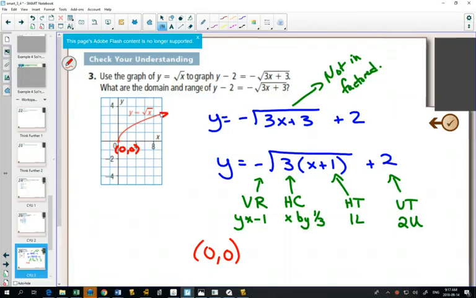Other points on our square root graph that we know: 1, 1, 4, 2, 9, 3, and 16, 4.